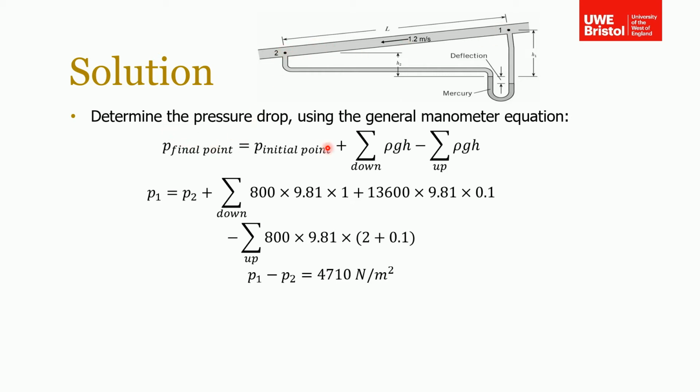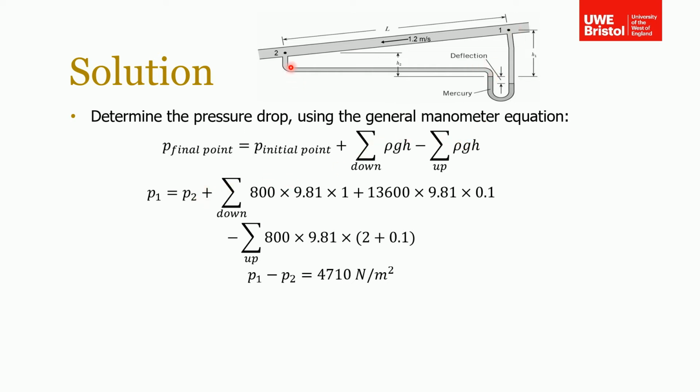So we need to use a general manometer equation. And I covered this in a previous lecture, so if you're not sure where this has come from or how to use it, go back and look at that lecture. But what it says is that the pressure at your final point is equal to the pressure at your initial point plus rho g h of all your downs minus rho g h of all your ups.